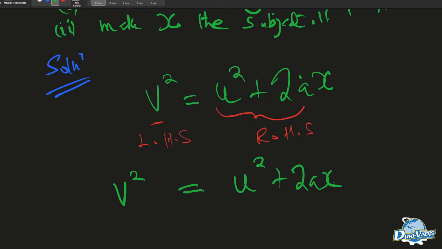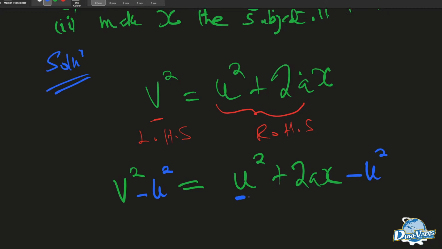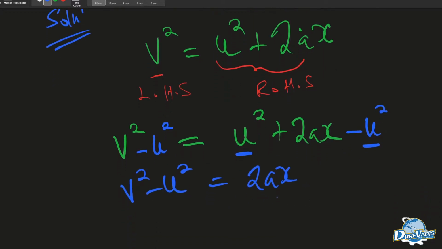If we do that, let's use another color so that we'll be able to understand it properly. So we subtract u squared here, and we subtract u squared here. This u squared, we take off, and that will be 0. So we have v squared minus u squared is equal to 2ax plus 0, which means 2ax.